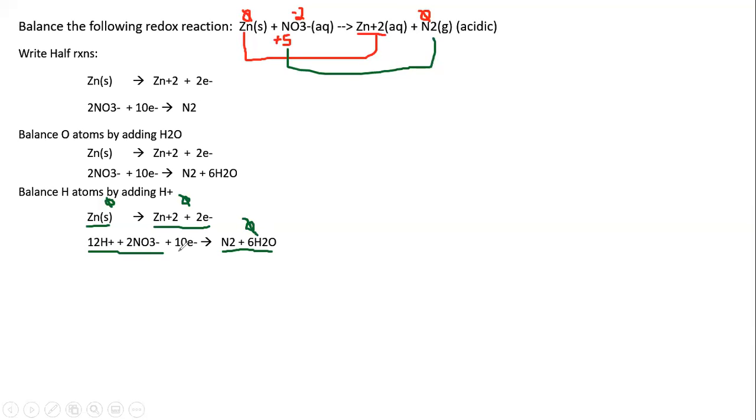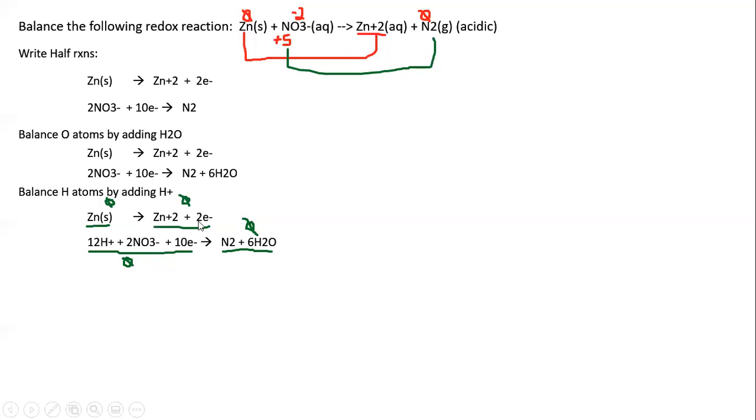On the reactant side, we have 12 H pluses, 2 nitrates, and 10 electrons, so we have an overall charge of 0. As you're doing these steps, you need to make sure that the overall charge is conserved on both sides of the half reactions.